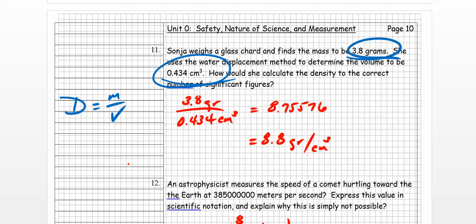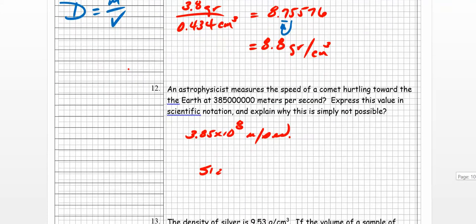In this case, it's 2 significant digits. I can only have 2 significant digits in my answer. So I'll round to this point right here, 8.7. Does the 7 go up or not? I look at the next number. If it's 5 or bigger, and it is, then I'll push that 7 up to an 8. It becomes 8.8 grams per cubic centimeter. That is my density to the correct number of significant digits. That's number 11. Let's go on to number 12.